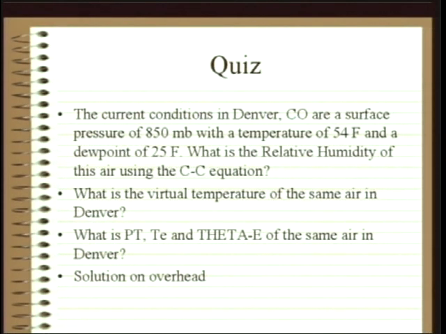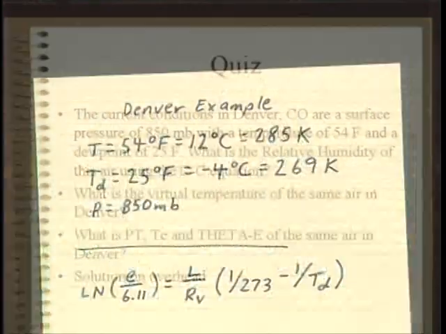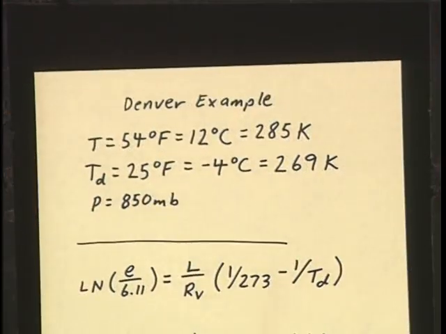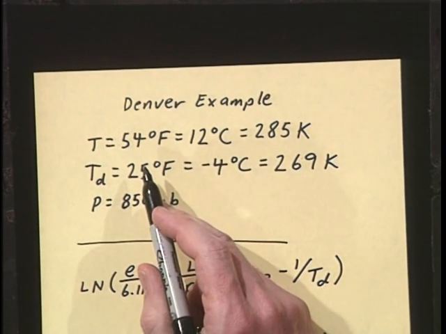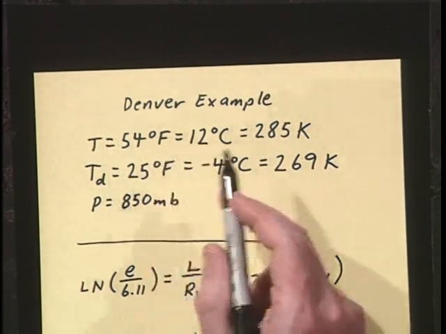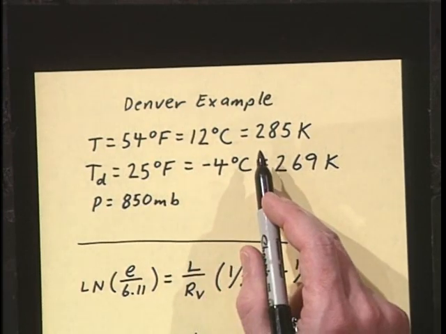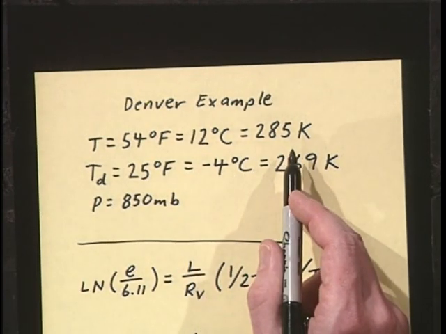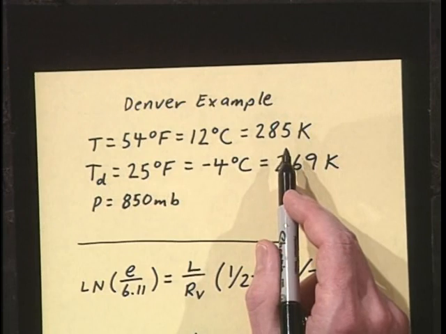So we'll go to the overhead and solve the first problem. We are given a temperature of 54 degrees Fahrenheit. This needs to be converted into kelvins when using these equations that we've gone over today. 54 degrees Fahrenheit is equal to 12 degrees Celsius, which is equal to 285 Kelvin for our temperature.